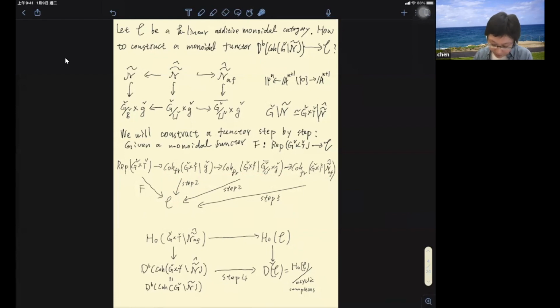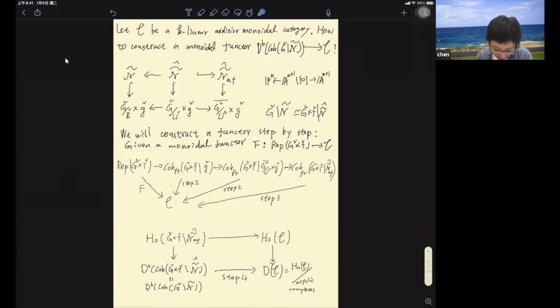Okay, and then this functor, the last step here, induces a functor between the homotopy categories. And then we will argue that, again under some assumptions, this functor will descend to a functor on the quotient.